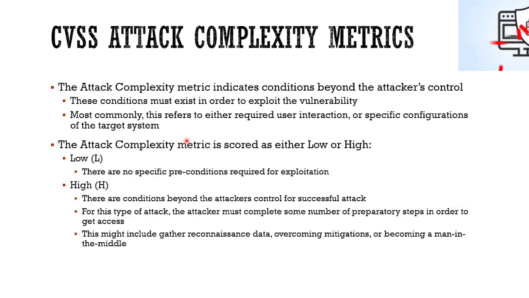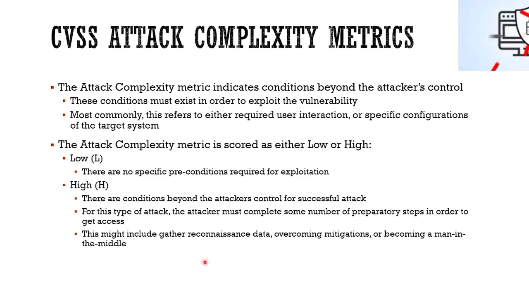We don't need any preconditions to be able to exploit this. Or high. We've got to have these conditions. We're not in control of them, but if they exist, then we can have a successful attack. Or maybe we need to complete some preparatory steps in order to get access. Or maybe we need to gather reconnaissance data. We need to overcome mitigations, or we need to become a man-in-the-middle attacker. These are things that we would have to do before the attack is successful.